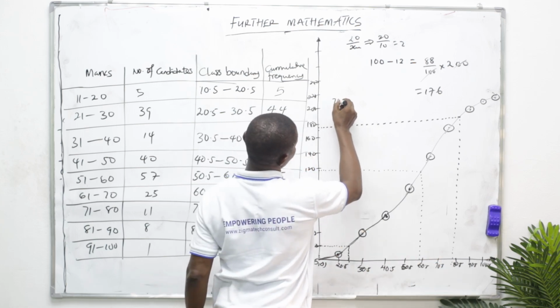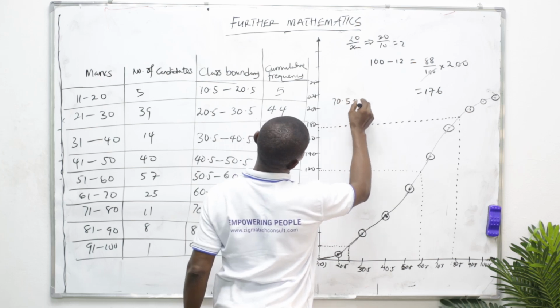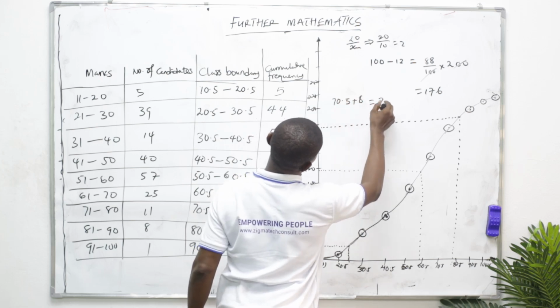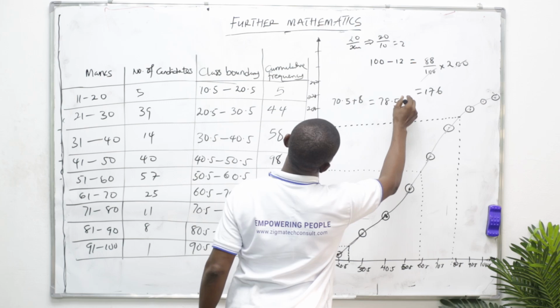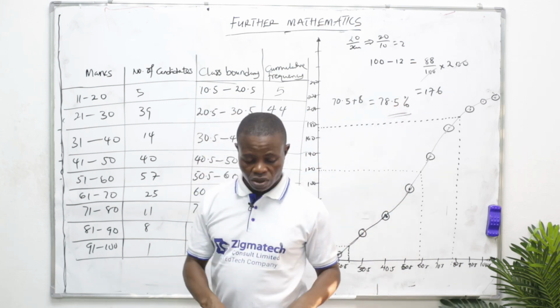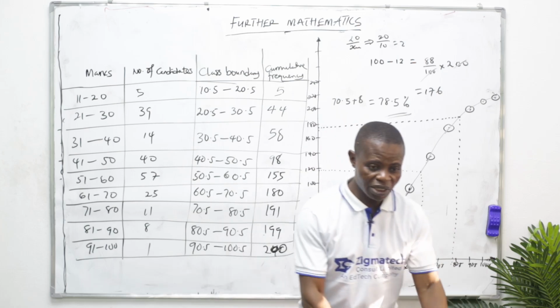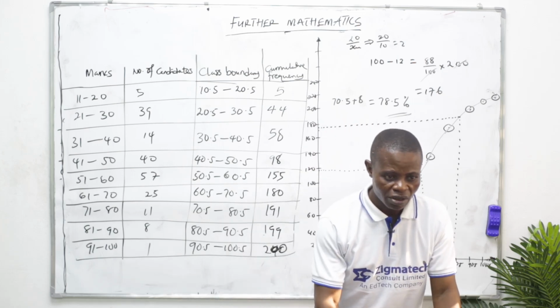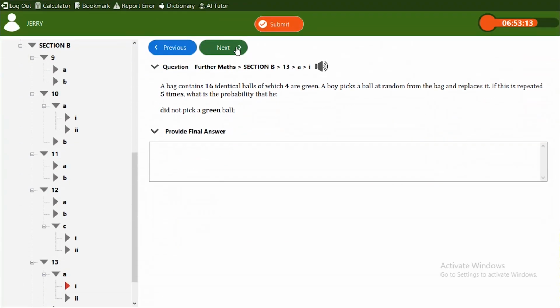So 70.5 plus 8 equals 78.5%. So that is the percentage. Okay, that is that for question number 12.